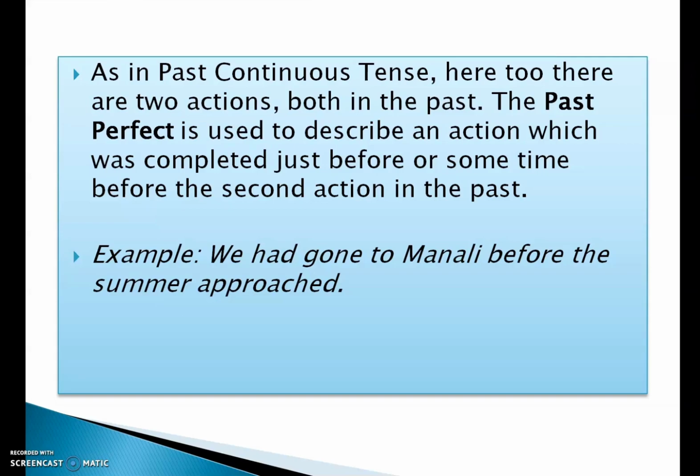Past perfect is used to describe an action which was completed just before or sometime before the second action in the past. So whenever you are speaking past perfect, you have to remember that there are two actions. For example, we had gone to Manali before the summer approached. Now, going to Manali is one action and the approaching summer is one action.